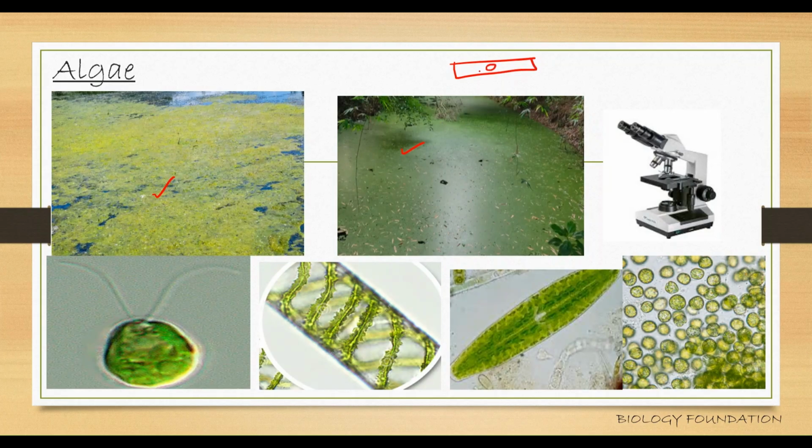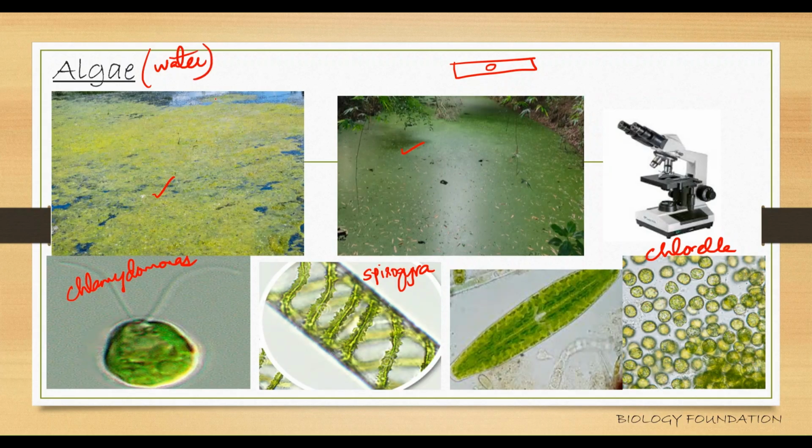Observe under the microscope. You can see various types of algae like Chlamydomonas, Spirogyra, and Chlorella. You find different types of algae. Basically, algae are found in water bodies.